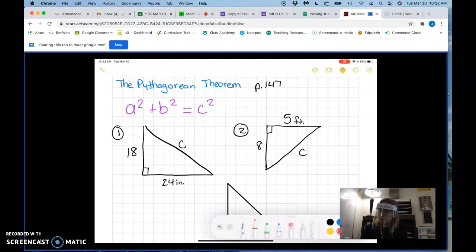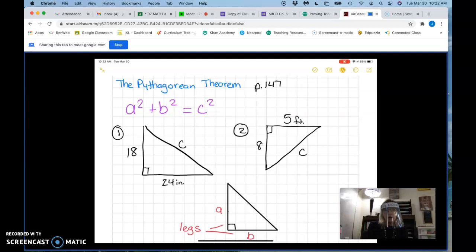So remember, the sides that are next to the right angle are called the what? The legs. Good. And what letters do we use to talk about the legs? A and B. Excellent. So write this down.